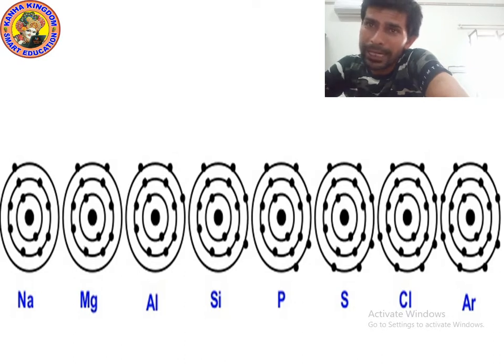Now 12 minus 8, 4 electrons are remaining because second circle is completely filled. It has completed the octet rule. That's why we will draw third circle, and in third circle we will fill 4 electron. Okay, we will draw 4 electron.